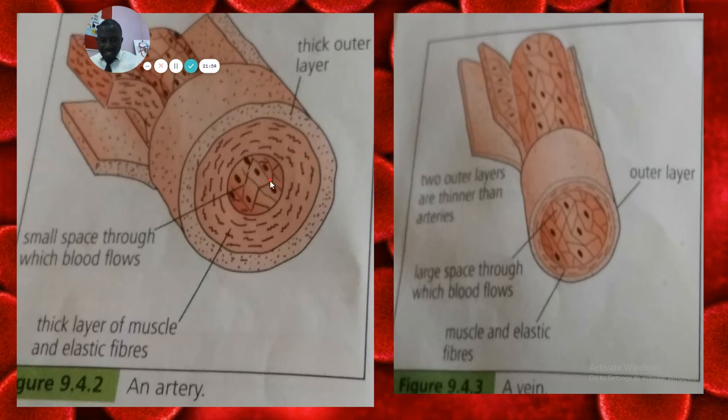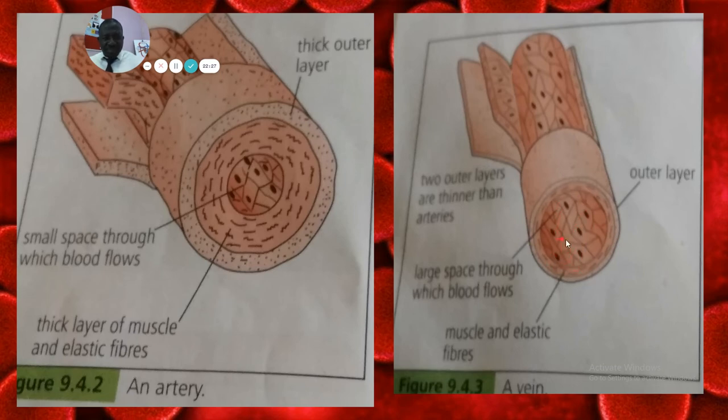You can look at this thickness from the middle part to this, and this thickness is thick and elastic. This is a thin membrane. So when you look into the middle, arteries have a small lumen, and here veins have a wider lumen.